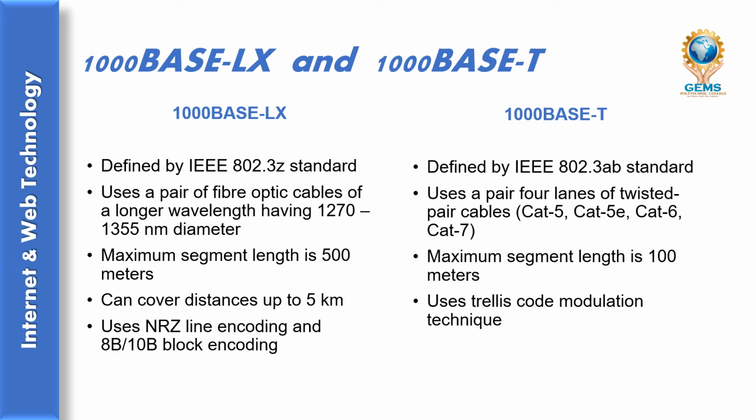It uses NRZ line encoding and 8B/10B block encoding. Again, we will see 1000BASE-T, defined by the IEEE 802.3ab standard. It uses 4 pairs of twisted pair cables, that is category 5, category 5e, category 6, category 7, and its maximum segment length is 100 meters. It uses Trellis code modulation techniques.